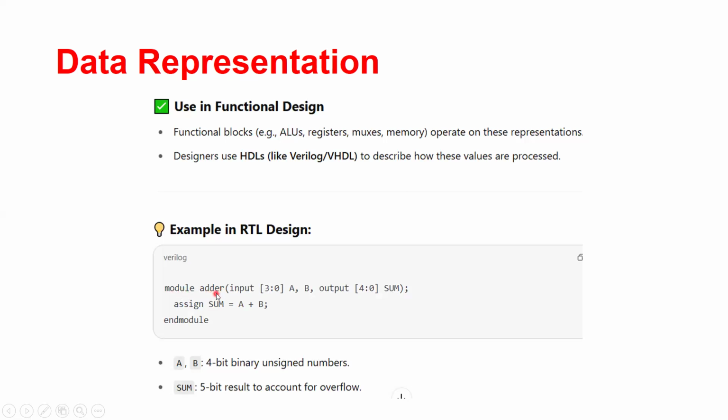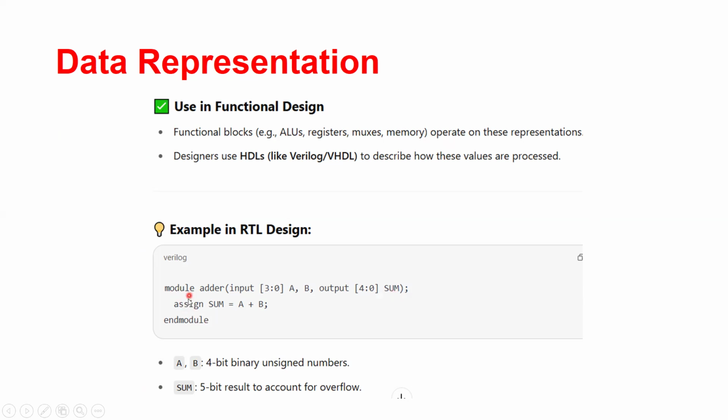Name of the module is adder. It has input data 0 to 3, that is a 4-bit data. And then A and B are 4-bit binary unsigned numbers, what you see here. And the output is a 5-bit, 0 to 4, and that is basically a sum.